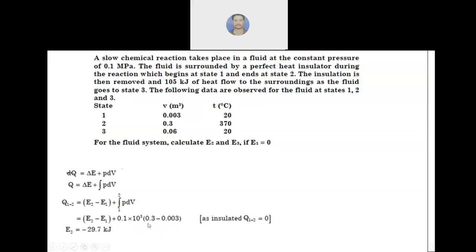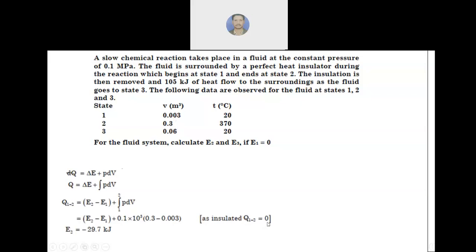Pressure into change in volume. Now pressure is how much? 0.1 megapascal. Converted into kilopascal, so multiply with 1000. Here it will be V2 minus V1. What is V2? 0.3. What is V1? 0.003. Put down the values.